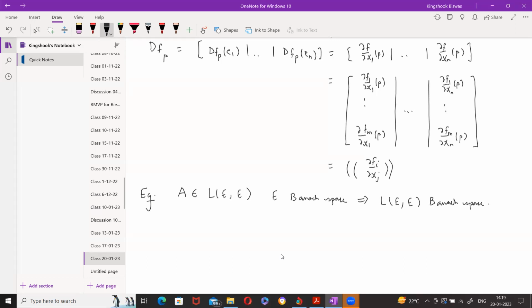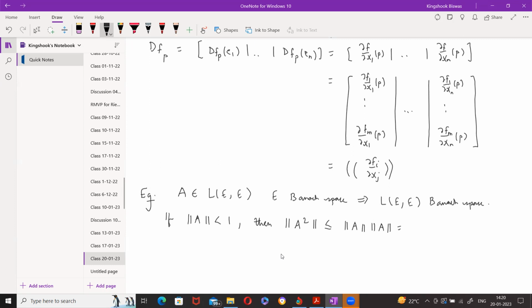Then if we take an element A of operator norm less than 1, notice that the norm of A squared, by properties of the operator norm, is less than or equal to the norm of A times the norm of A. The operator norm satisfies the property that the norm of a composition AB is less than or equal to the product of the norms, norm A, norm B. That's easy to show.